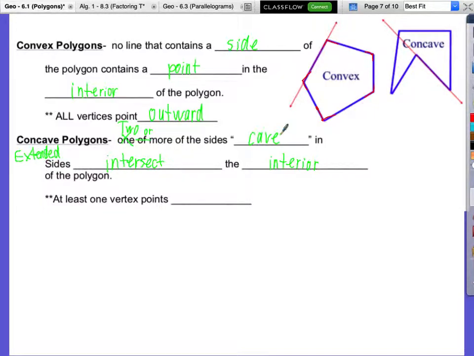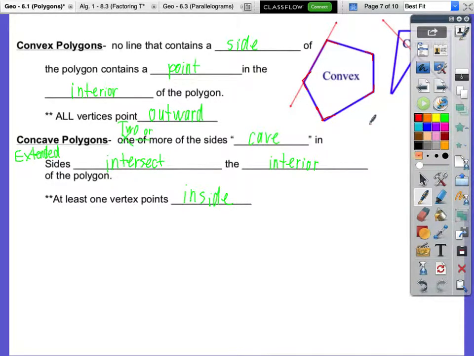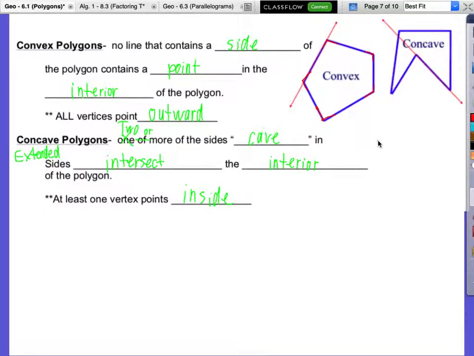And at least one vertex here points inside. Once again, write this down, and then we'll talk through it, and it'll make a little more sense.